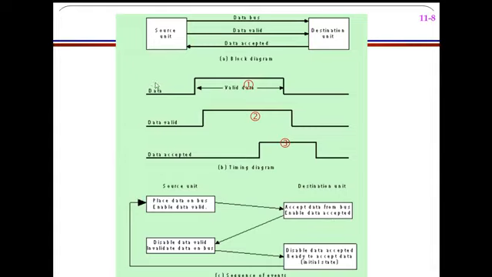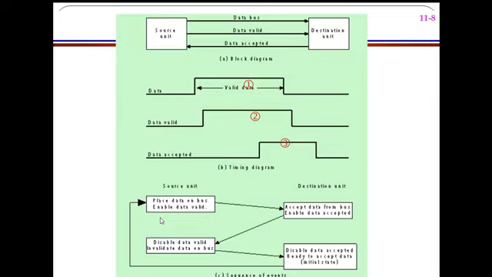Source places the valid data, destination receives the data and says you have been accepted the data. Now disable the data valid, and then disable the data accepted. Again you go to the initial stage, place the data. So this is your source initiated type of handshake signals.